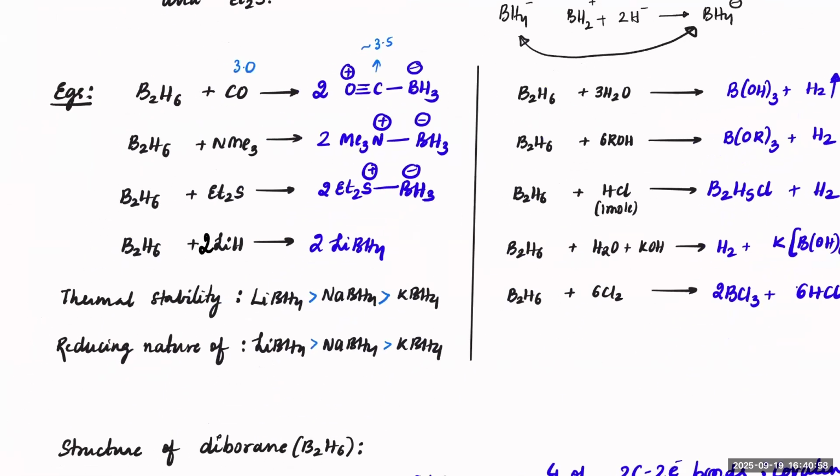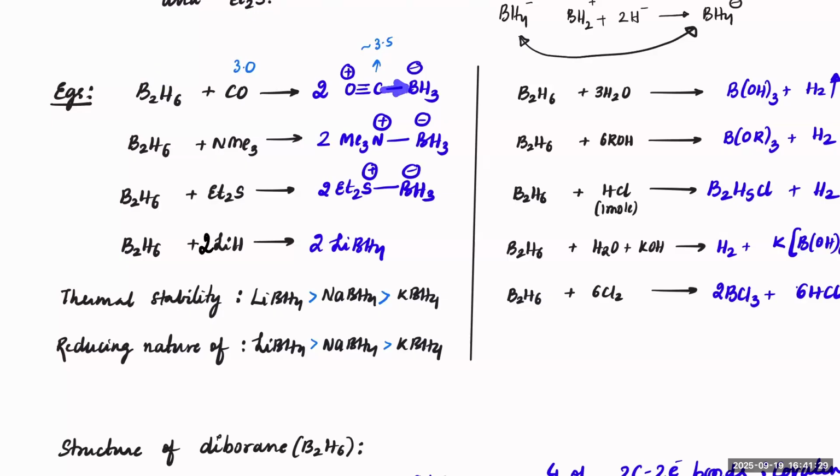Now notice when it comes to B2H6 combining with carbon monoxide, the lone pair from here will connect onto boron. You will get 2 moles of this compound. This is something we learned in chemical bonding: the bond order of carbon monoxide is 3, but the bond order of carbon monoxide with a plus charge is greater, about 3.5.